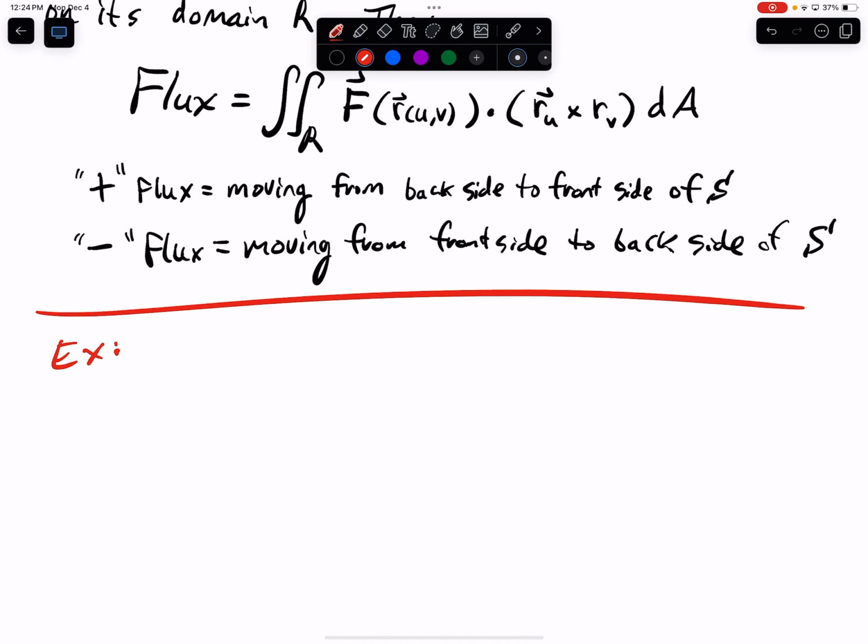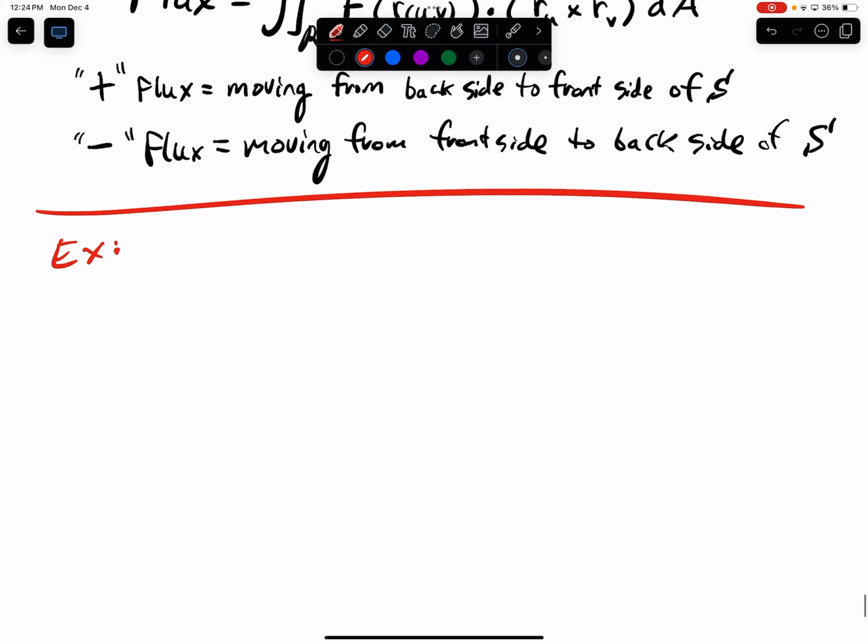So here's the example. Let S be the plane from the previous example.